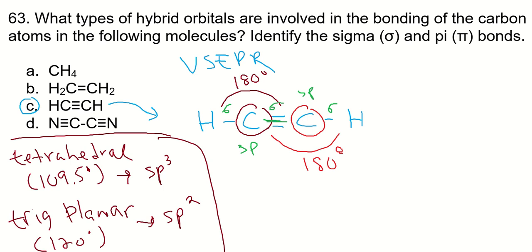Now, your second and third bonds in double and triple bonds are your pi bonds. So that one up there, that one down there, those are your pi bonds. So recap, every single bond is a sigma bond, and the first bond in every multiple bond is a sigma bond, and then your second or your third will be your pi bonds. That's your quick way to answer these kinds of problems.